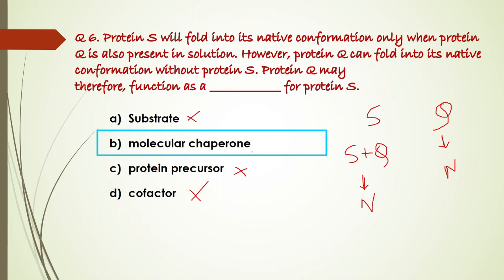That is their role. So it is possible that whenever S is folding, some kind of misfolding is happening inside it. Q is basically finding that, fixing that and helping S to fold in its native conformation. That is why Q is acting as a molecular chaperone. Okay, I hope this one is clear to all of you.